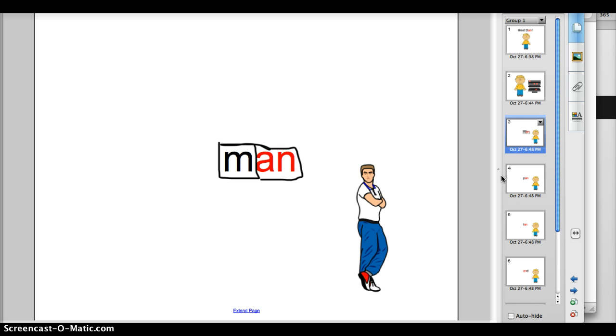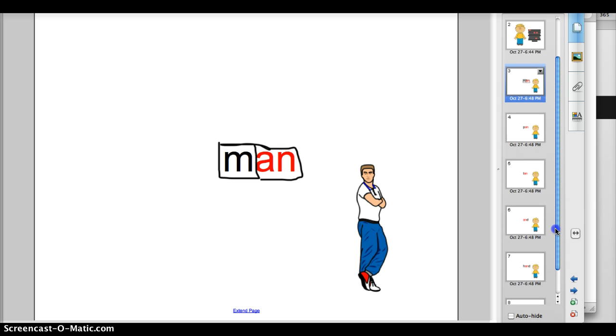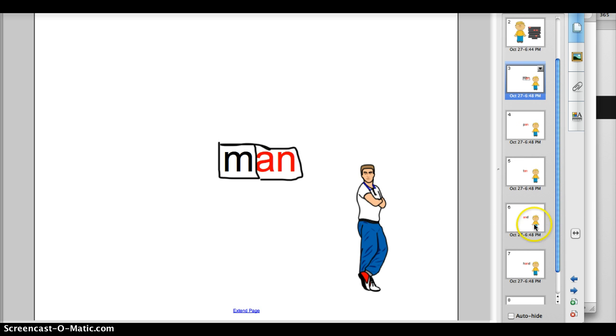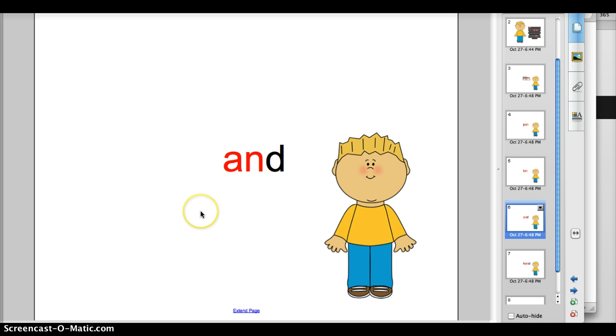So I'm just going to show you a couple other examples that we did. We did this one, which is different because the "an" comes at the beginning. And this is a popcorn word. "And" is a popcorn word, and it has "an" in it. So what we do as a class is we draw our sound boxes. We learned this morning that A and N together make "an."